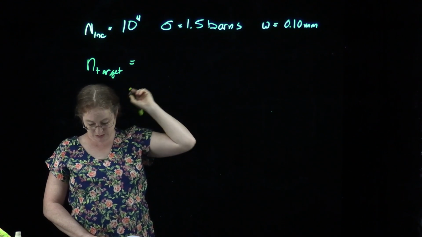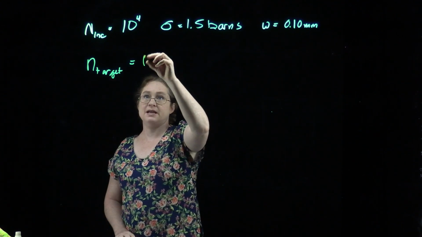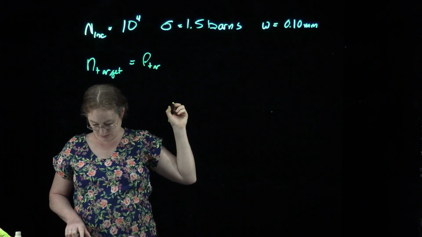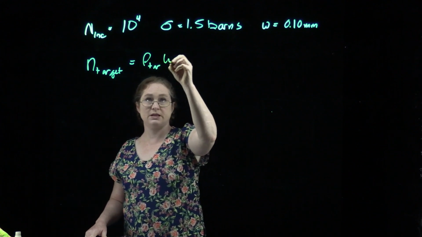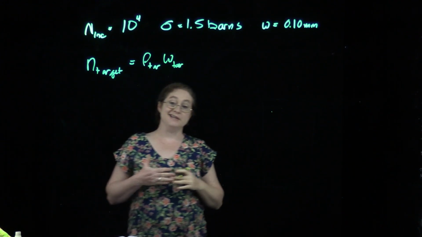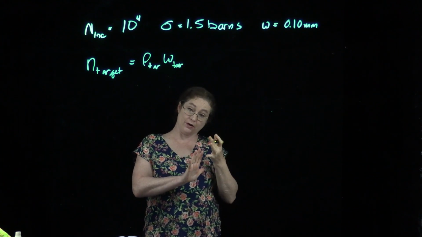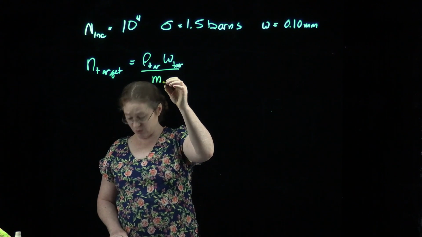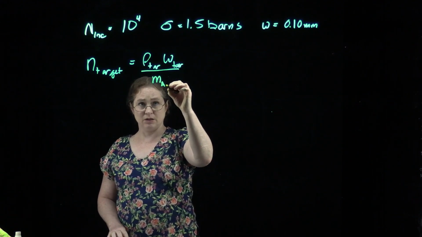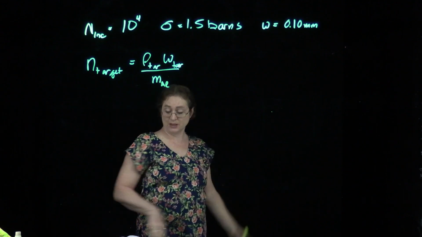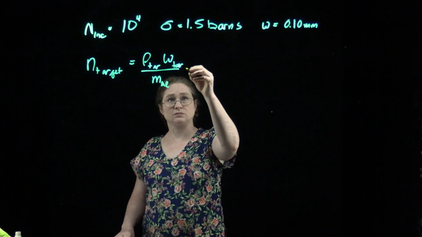It is going to be the density of the target times the width of the target. So that will give you the density per unit area divided by the mass of one single molecule of aluminum. That gives you the number density per unit area.